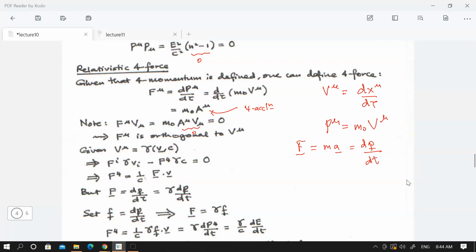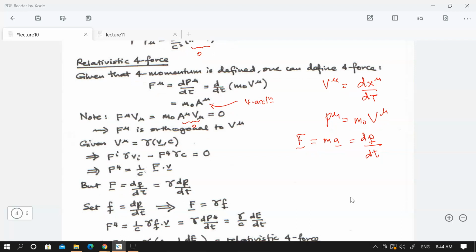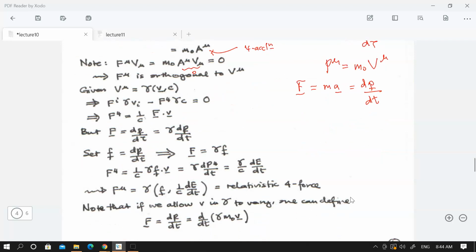When you rearrange this equation, f4 is just 1 over c times f dot v. Remember here, f is actually defined in terms of your proper time, so it's not really the Newtonian force that you actually see.